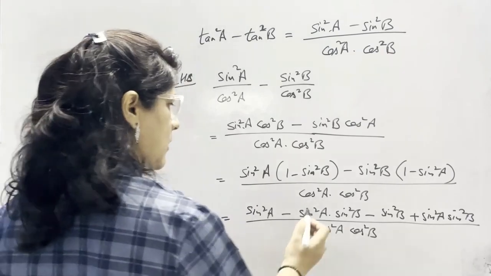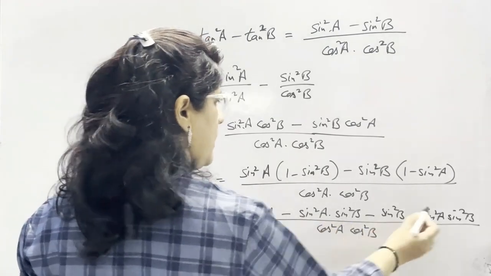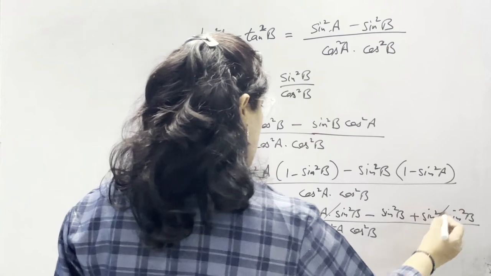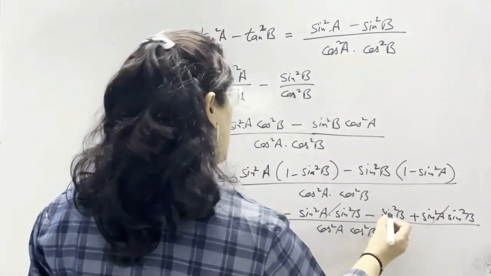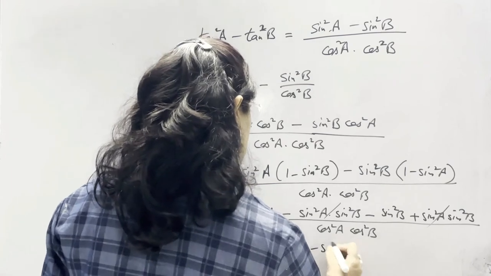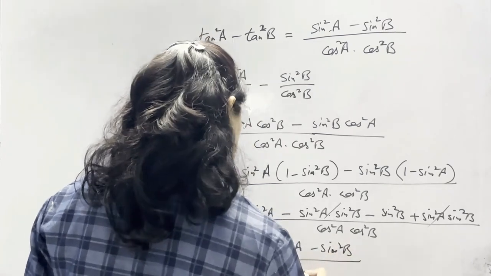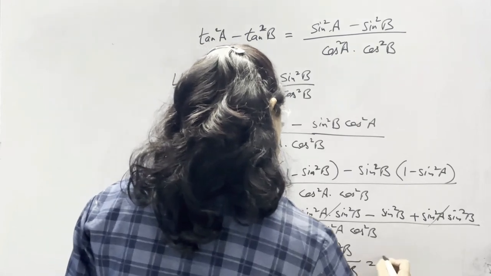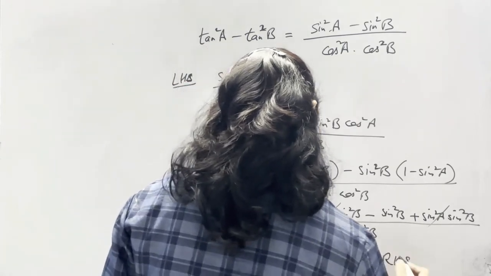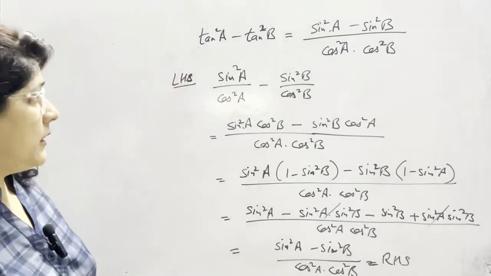Now sin square A, sin square B in plus and in minus, so we can cancel both of them. So sin square A minus sin square B, in the denominator cos square A and cos square B is equal to right hand side, hence proved.